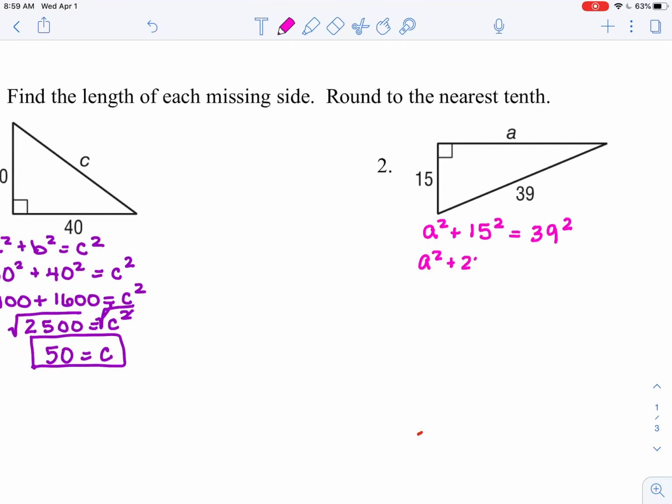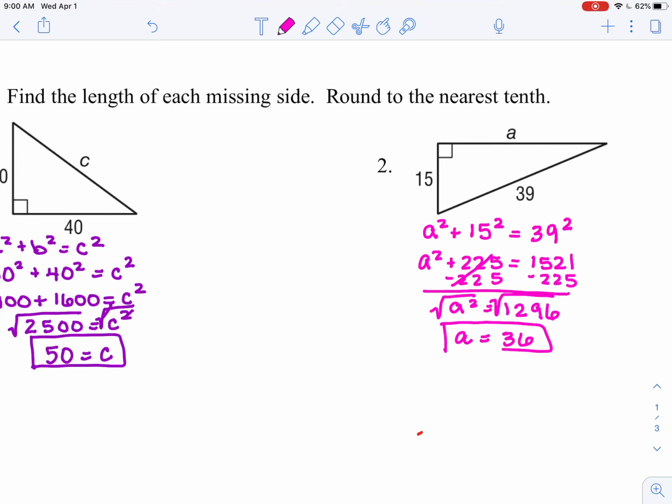So this becomes a squared plus 225 equals 1521. Solve for a squared. So we're going to subtract that 225 from both sides. So that a squared equals 1296. To get plain old a, we square root both sides and find that a is 36.